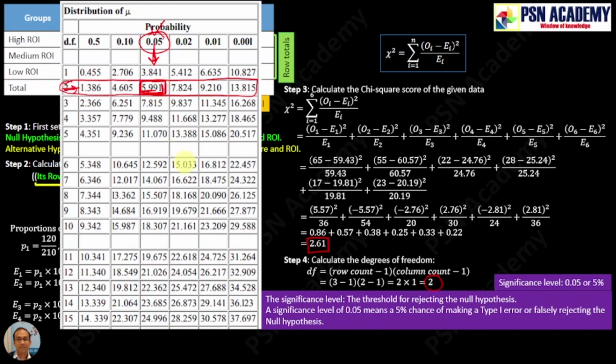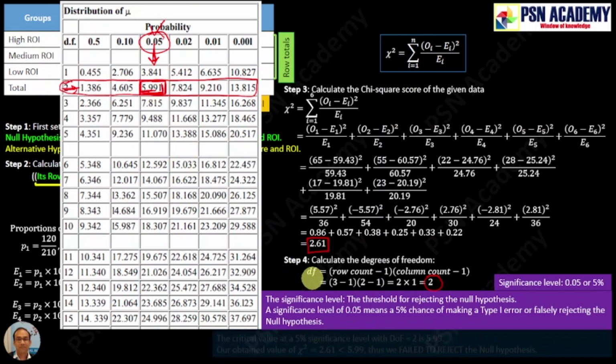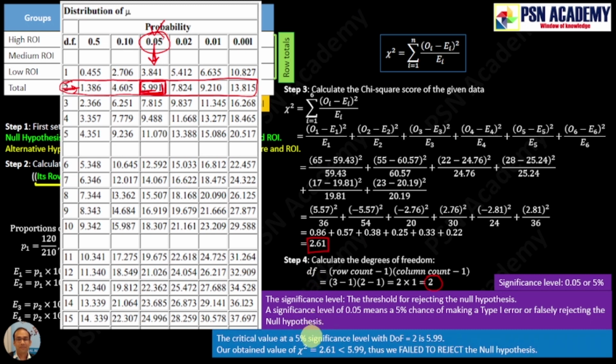This is the critical value, right? So the critical value at 5% significance level with DOF equal to 2 is 5.99. But our obtained value is 2.61. So 2.61 is less than 5.99. That means you are within the threshold.